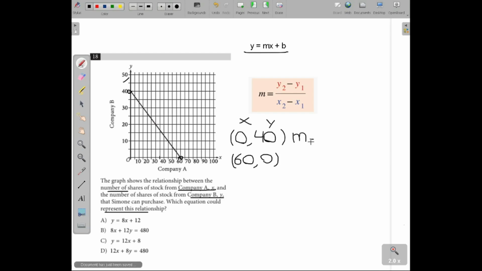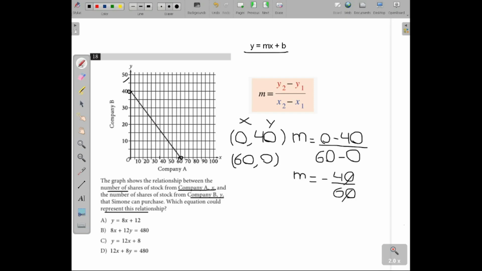The slope is equal to y sub 2, 0, minus 40, y sub 1, divided by x sub 2, that is 60, minus x sub 1, that is 0, which gives us negative 40 divided by 60.